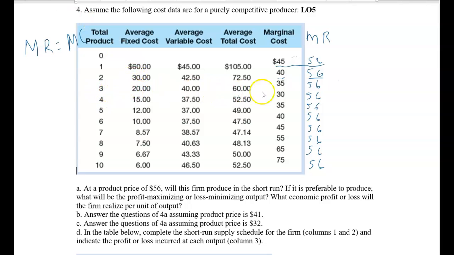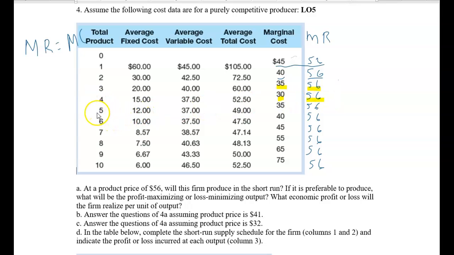If we go to 3 units of output, our marginal cost is $35 and our marginal revenue is $56. So our revenue is higher than our cost. So we will continue to produce. If we produce 4 units of output, marginal cost is $30. Our revenue is $56. We continue to produce.